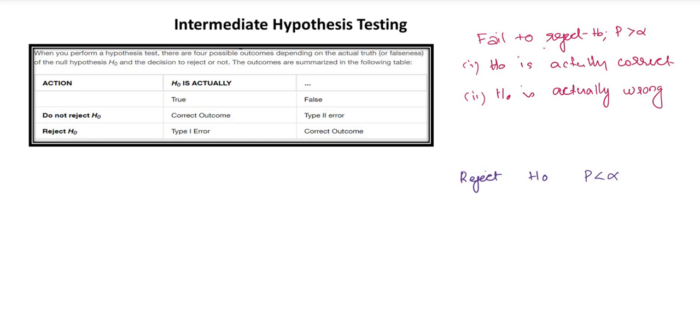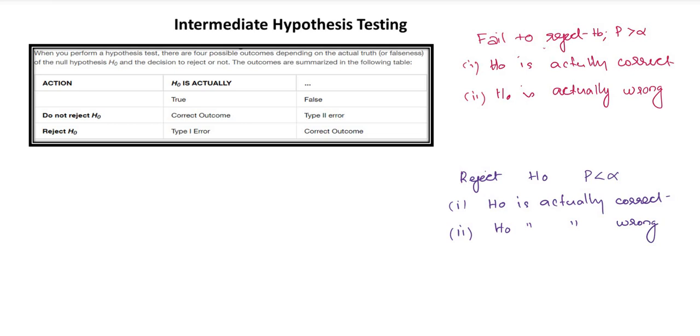In the same manner, when we reject the hypothesis, two things can happen. We reject H naught even if it is actually correct, or we reject the null hypothesis when it is actually wrong.